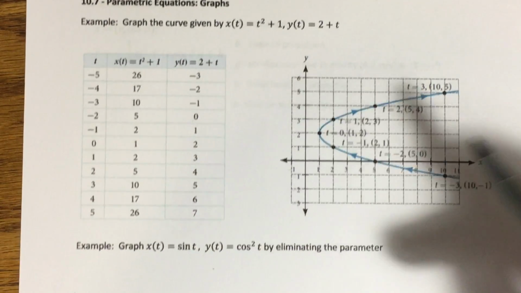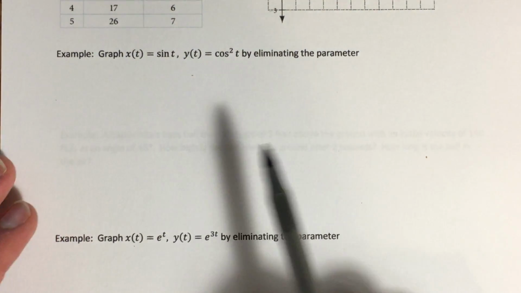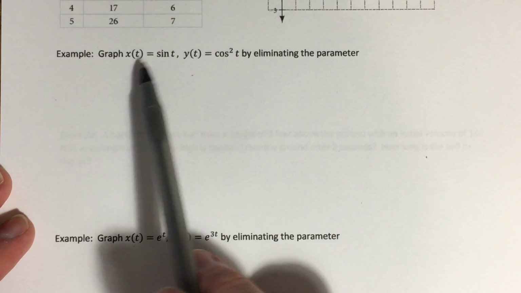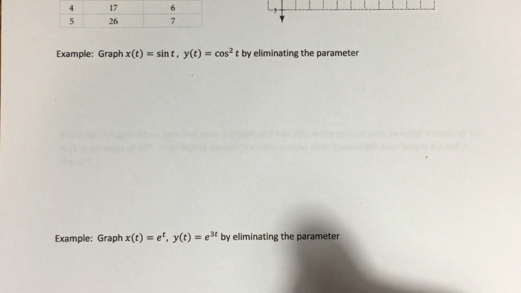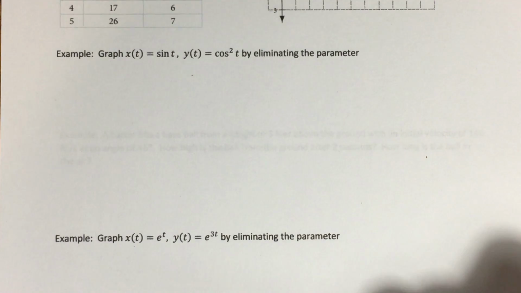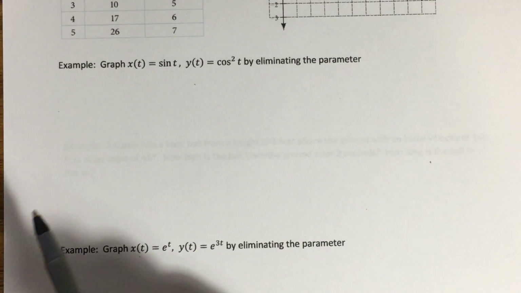So what we'd like to do is use the method that we came up with in 10.6 of eliminating the parameter to put the parametric equations into the form of a single rectangular equation that looks familiar, something that we recognize.